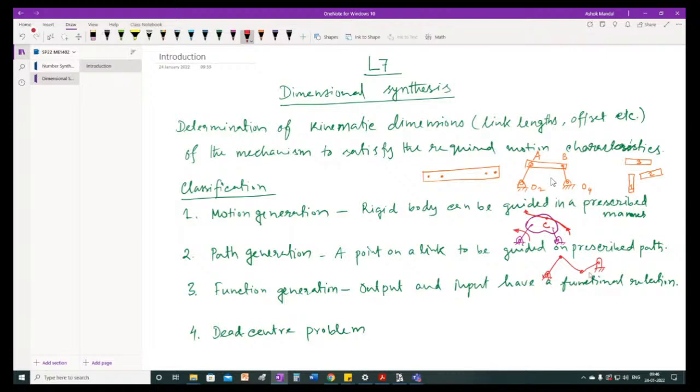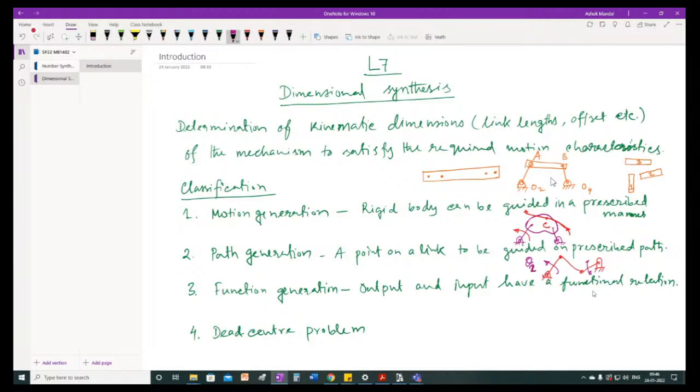Now, when you move one of the links in this direction, there should be some motion here. But suppose you want that the motion of this link, say its rotation, is given by theta 2.